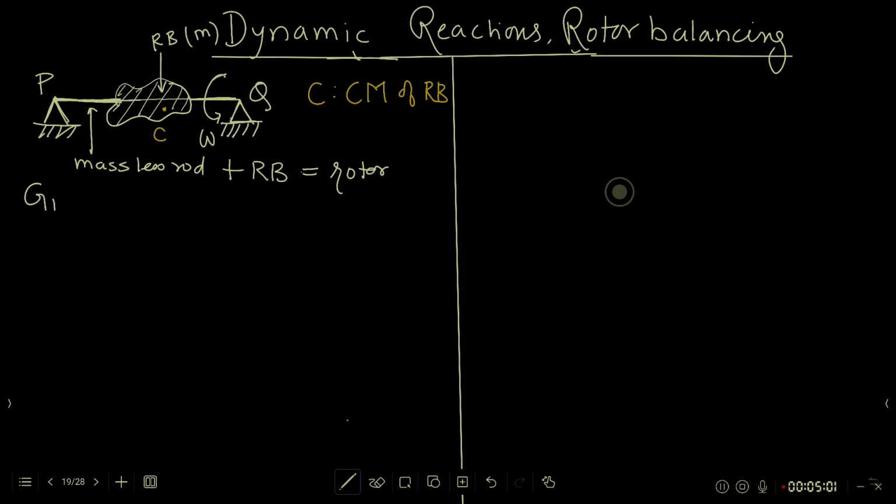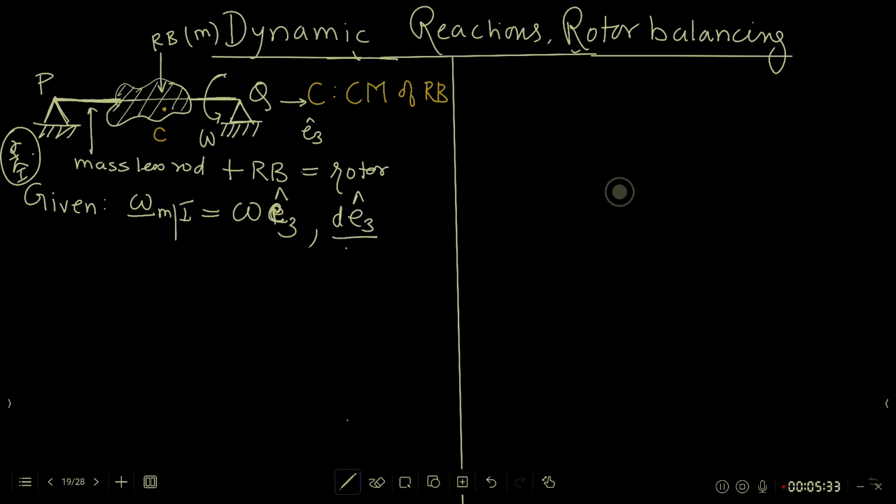It is given that omega mi, I is the inertial frame, the ground frame, is omega times E3. E3 is this direction. Also, it is clear from the figure that dE3/dt in I is 0.